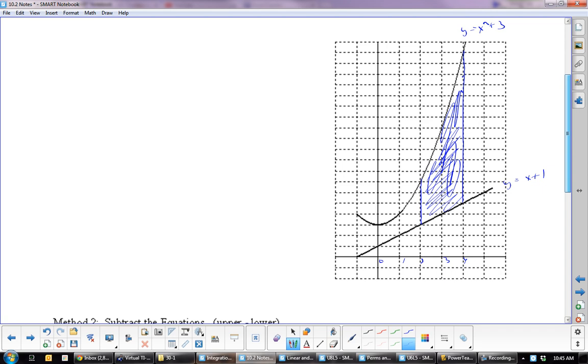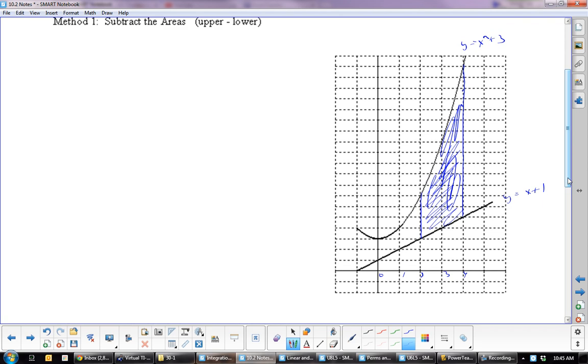Okay, so what we could do is find the area of the red one, which is x squared plus 3, and just subtract the area under x plus 1, and we should get the blue.